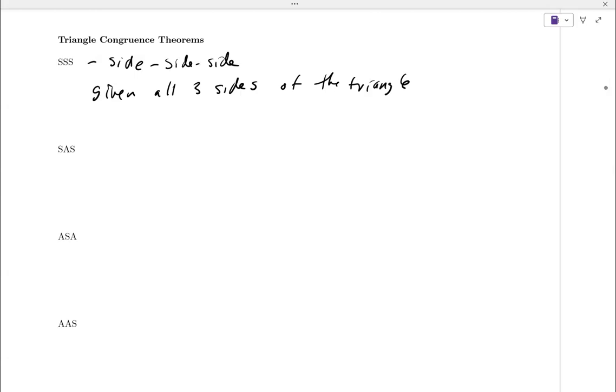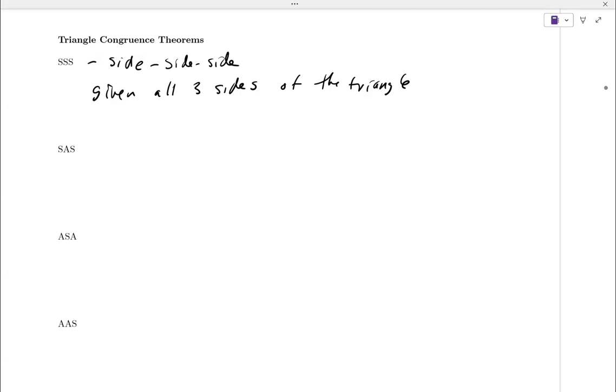So, thinking about it another way, if I tell you that the sides of a triangle are 3, 4, and 6, you know exactly what that triangle is. You can't change the angles. If you have a triangle that's 3, 4, and 6 for the 3 sides, there is exactly one triangle that has that. That's what side, side, side means.